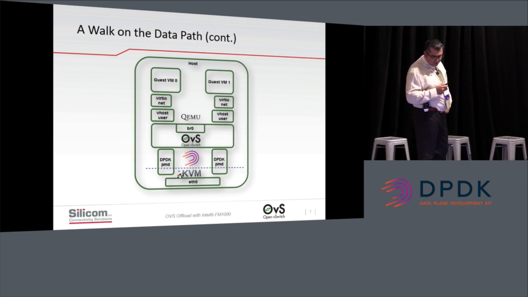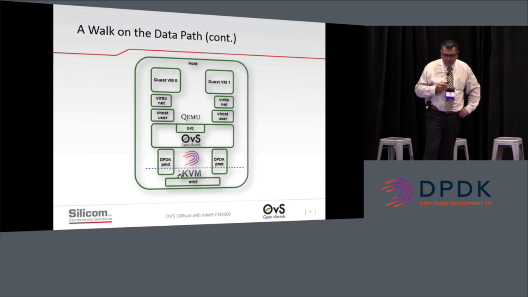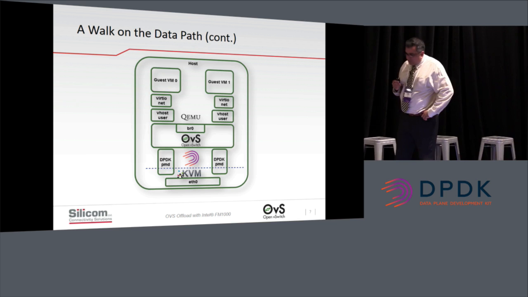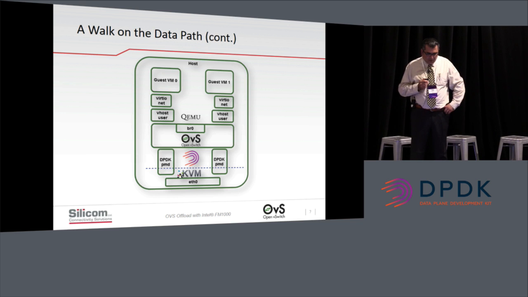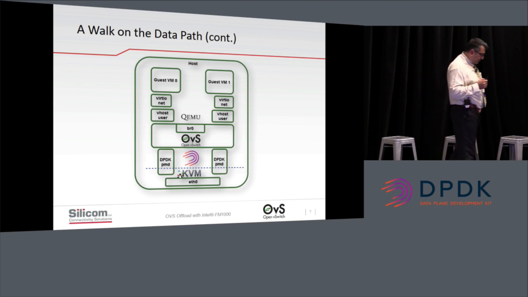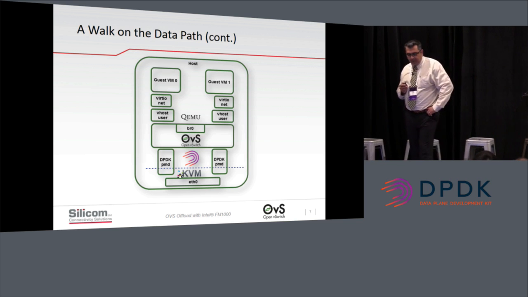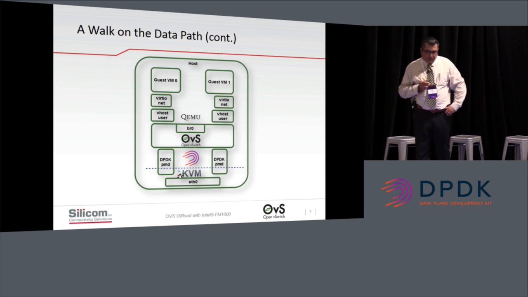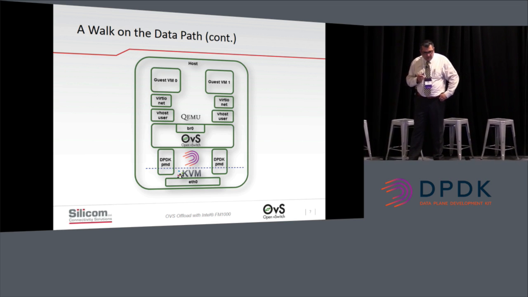The interface to the network device is a DPDK PMD driver that acts as a data plane channel up to the OVS business logic forwarding mechanism that now is up there in user space, and it's easily accessible and easy to manipulate.